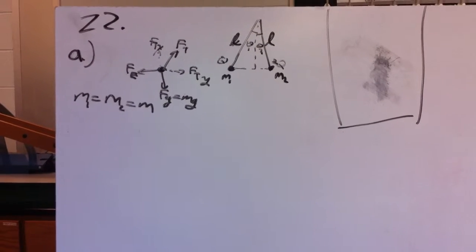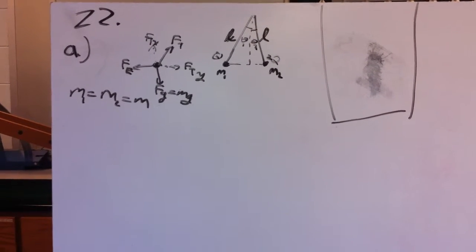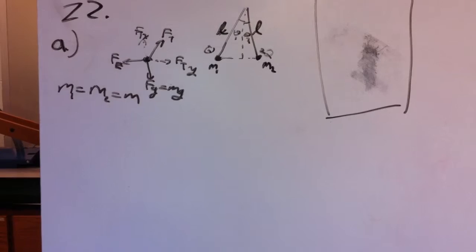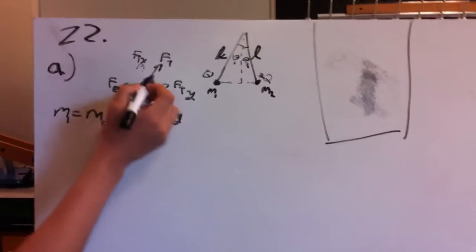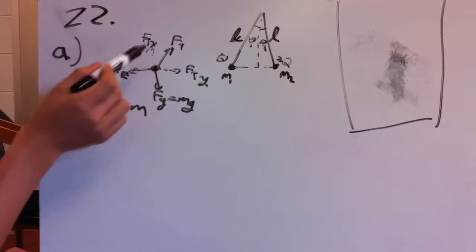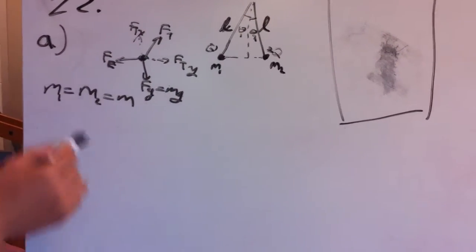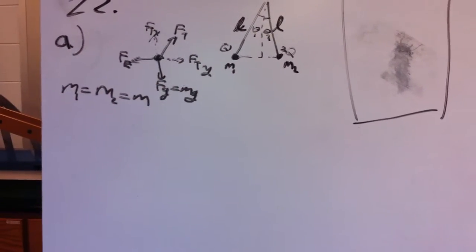And so right now, since neither of the balls are moving, we can basically assume that the forces here are balanced. That means Ft of x equals Fg and Fe equals Ft of y.